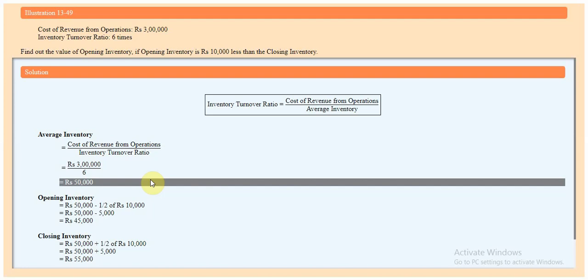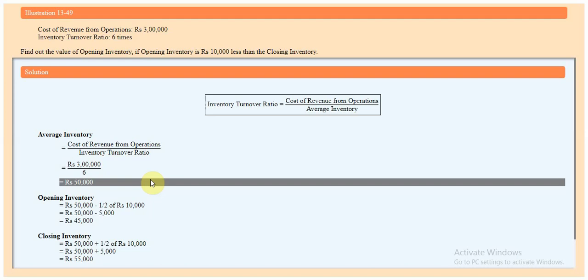So what is average inventory, friends? Average inventory will be the midpoint between opening inventory and closing inventory. So the difference between opening and closing is 10,000 rupees. So if average is the midpoint, then to get the opening inventory, can we just subtract half of the difference? Yes, that will give us the opening inventory.